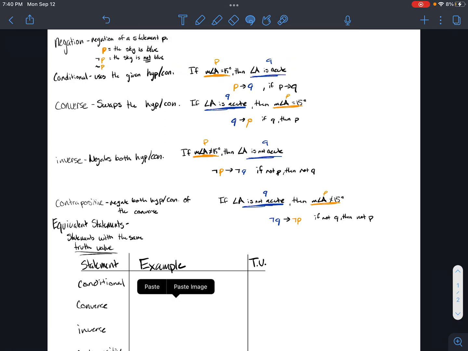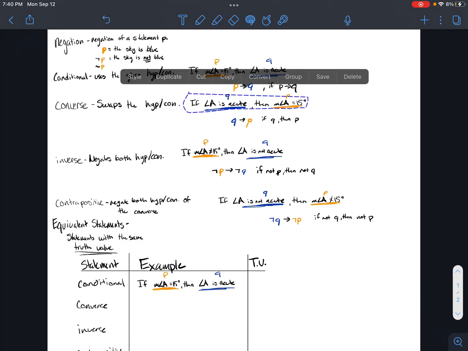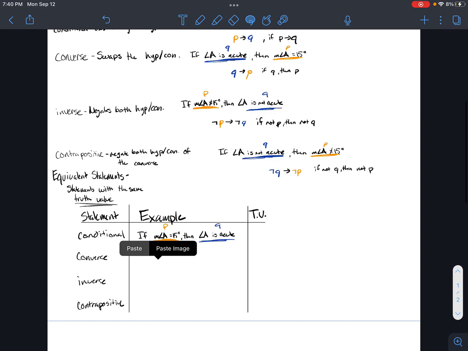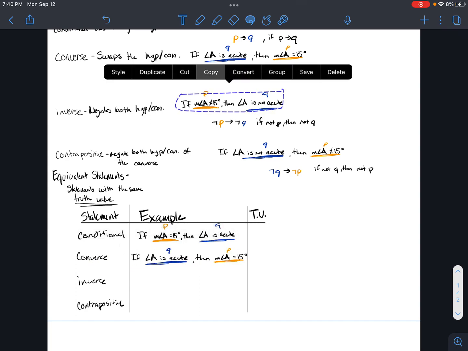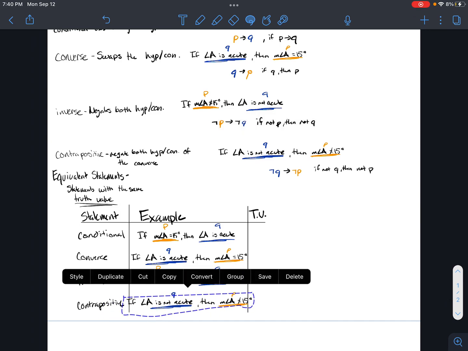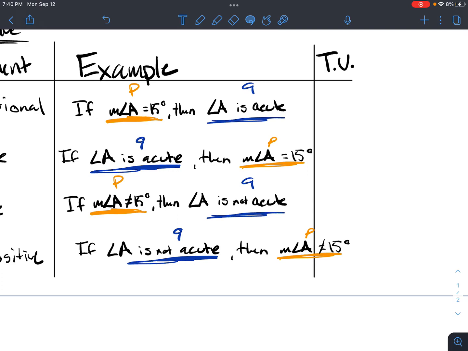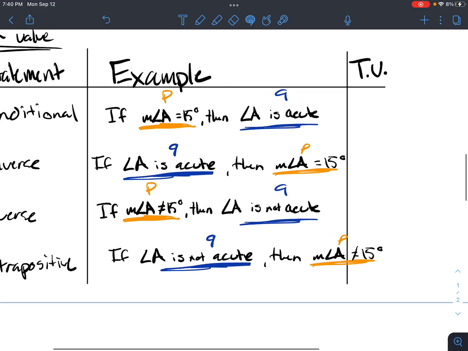If I could copy them. And these are, and we'll talk about it, these are things that can be disproved with a counterexample. Whatever, this is good enough.